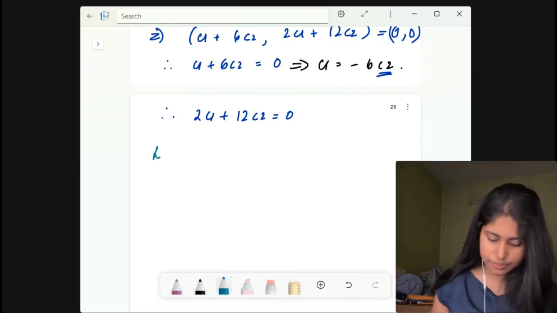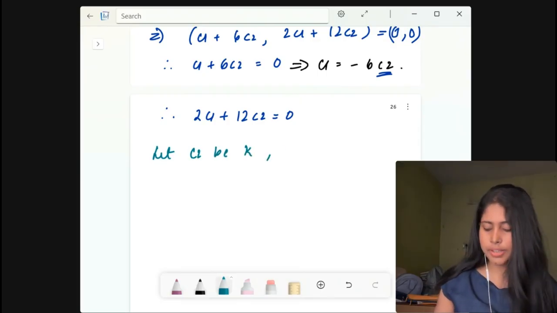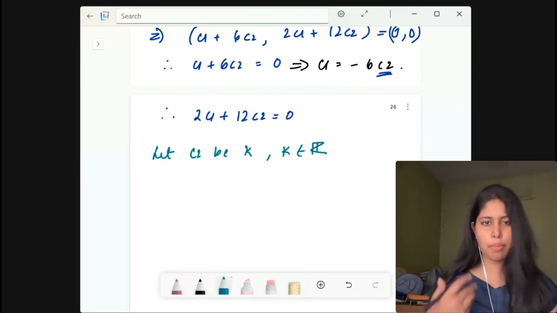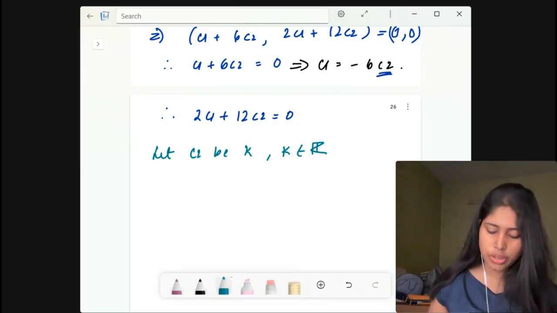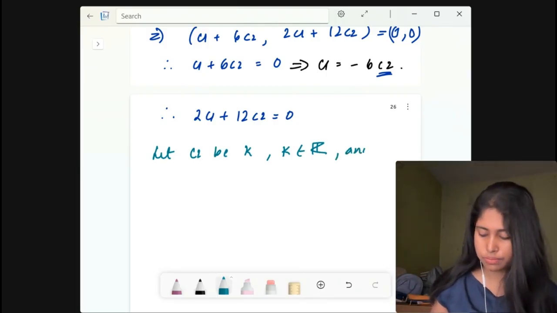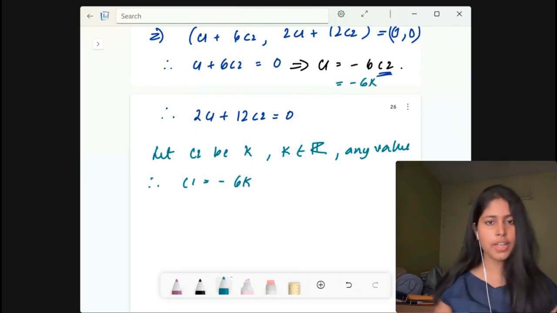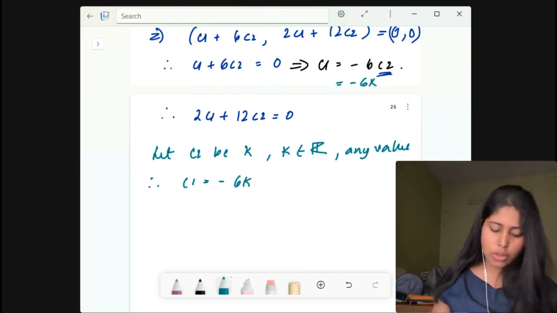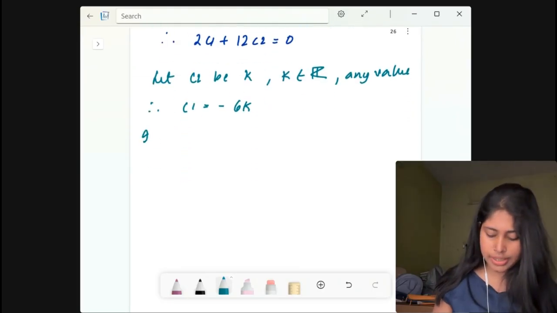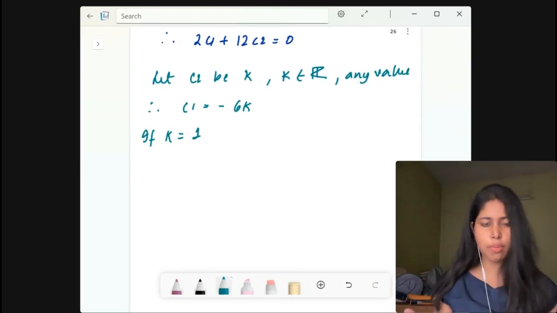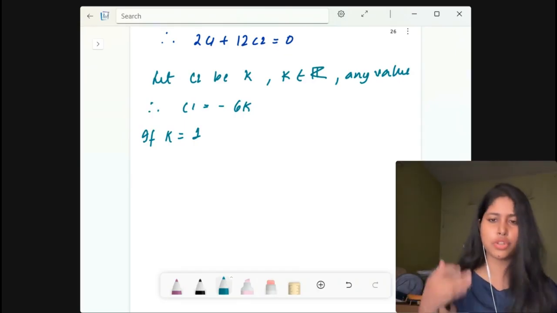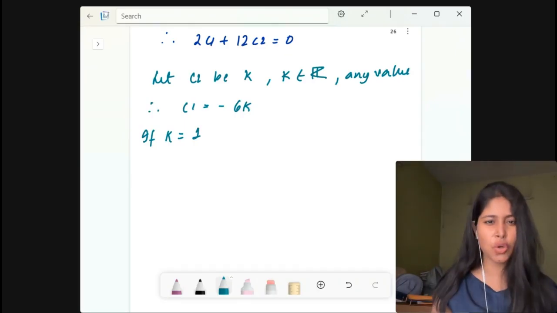Let C2 be K, where K belongs to R, any number on the real line. So K belongs to R, any value. Therefore, we can say that C1 will be minus 6K, if we consider C2 to be K. Next, if we write K equals 1, because it can be any real number, we are just considering K equals 1. We'll verify now whether this equation holds or not.